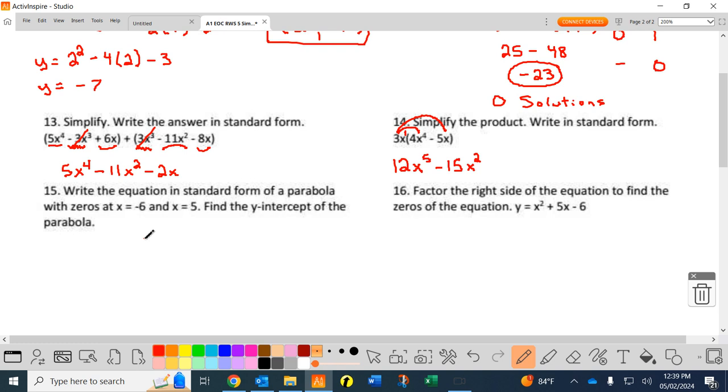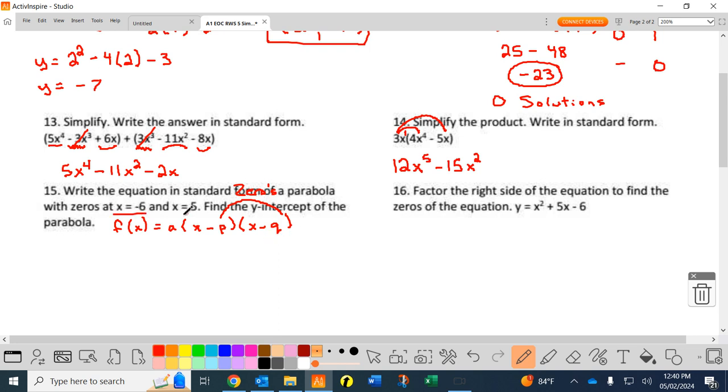So, on your formula sheet, there is a formula for the quadratic function that looks like this. F of x equals a times x minus p and x minus q, where the p and the q represent your zeros. Okay, those are your zeros. Well, you have your zeros right here, so we need to plug those in.